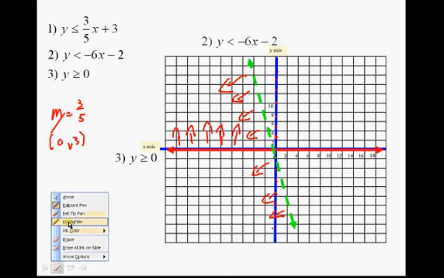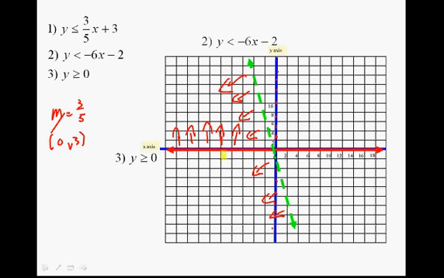We'll use the highlighter. Oh, that's really big, we'll just stick to this. Anyway, here's the point right here, 0, 3, and then it's up 3 and to the right 5. So we'll go up 3, 4, 5, 6, and to the right 5. 2, 4, 5. That's another point there.